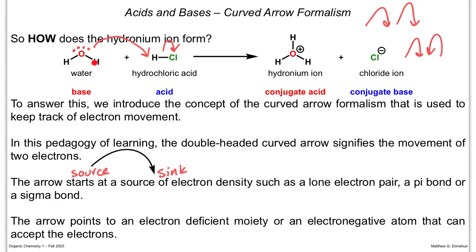As this is drawn, this is a fairly straightforward mechanism, but as we learn more reactions, from starting material to product, these things happen very fast, but they don't happen instantaneously. By very fast, I mean like 10 to the negative 12 seconds fast.